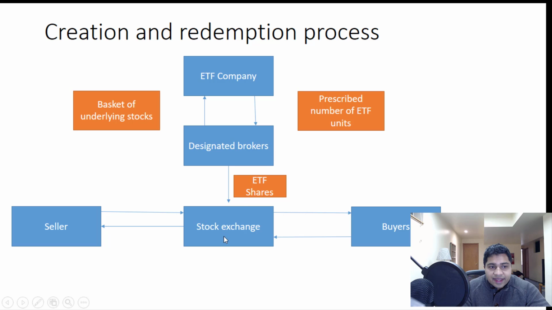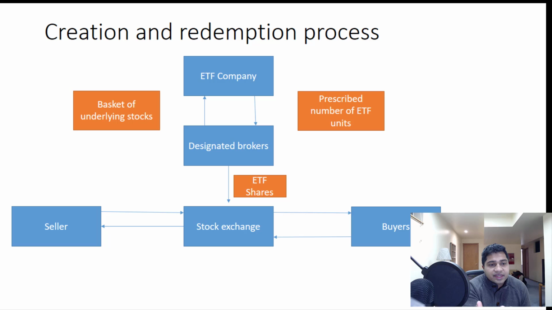How? He will procure those shares from the exchange, exchange them with the ETF company, get units and sell those units. So he can do an arbitrage trade. If the value of the units is low, the designated broker does arbitrage by buying the shares, exchanging them for units and selling those units on an exchange.